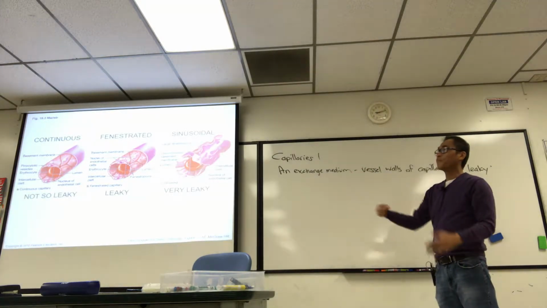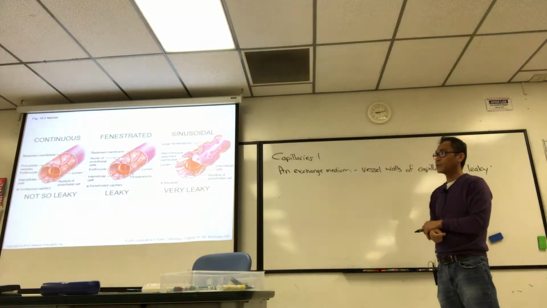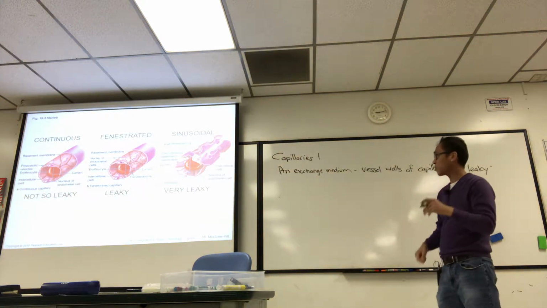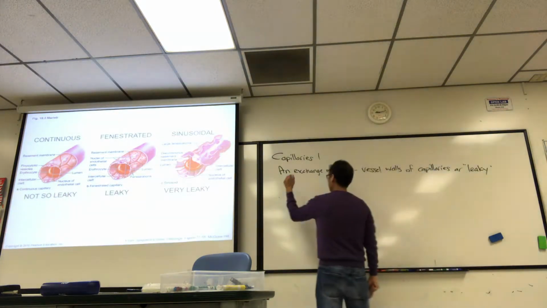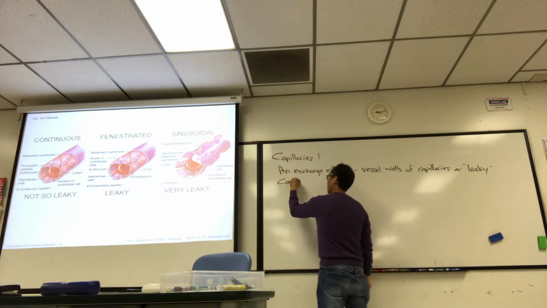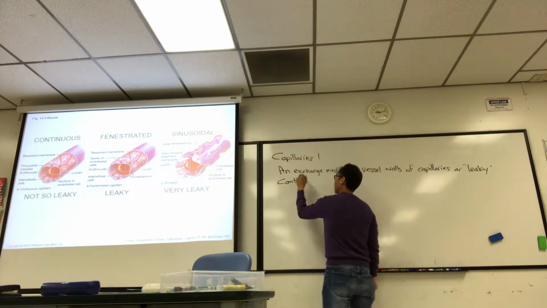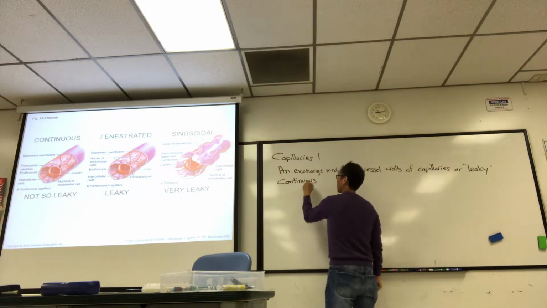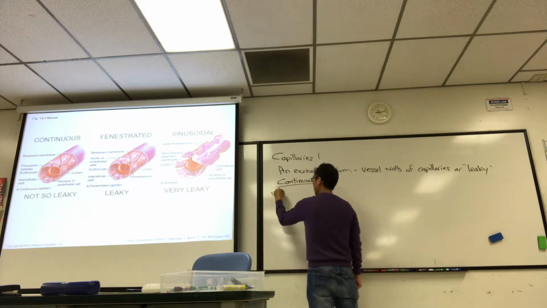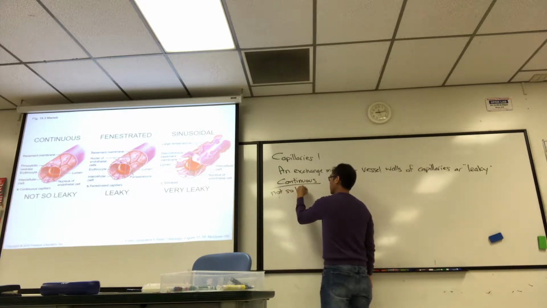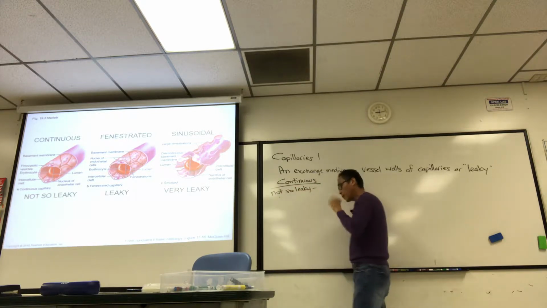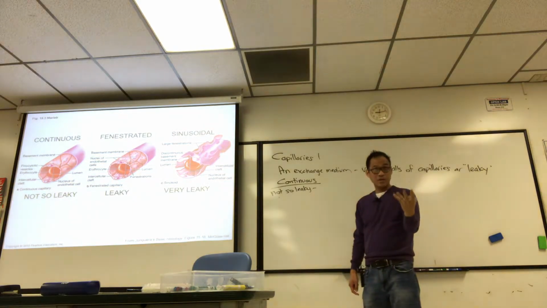All right, so these are the different kinds of capillaries that we find in different parts of the body. For example, continuous capillaries, not so leaky. Well, I say not so leaky, but what I really mean is the endothelium is more or less continuous.